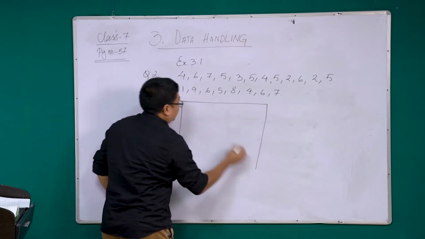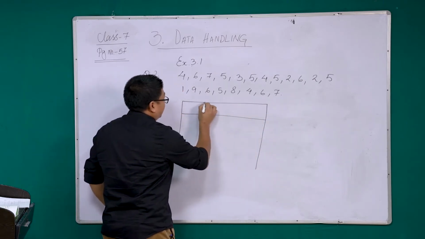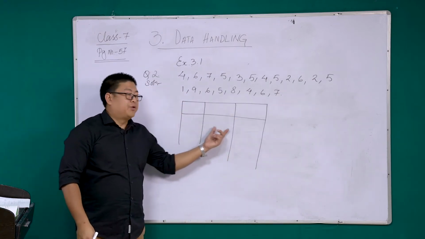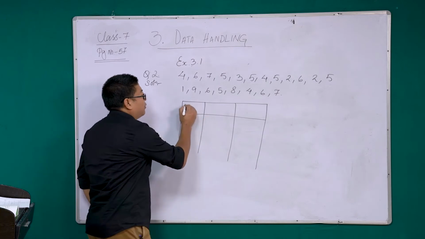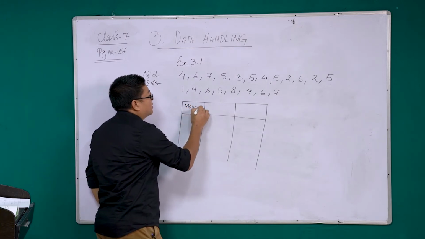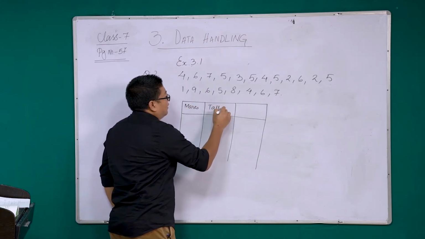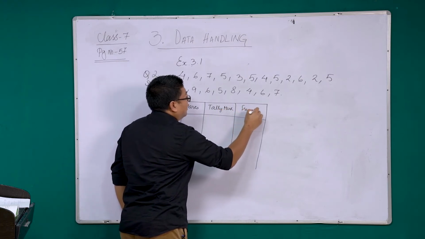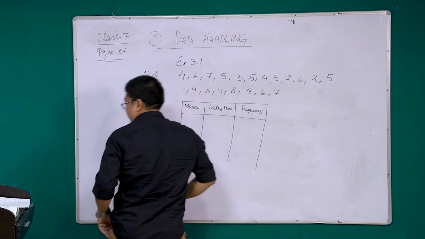So, let's start by drawing the table. We will have 3 columns. The first one we will mark as marks, then tally marks, and finally, frequency.